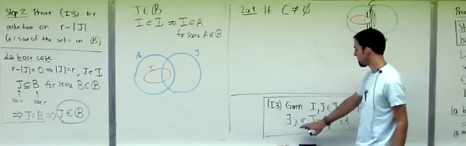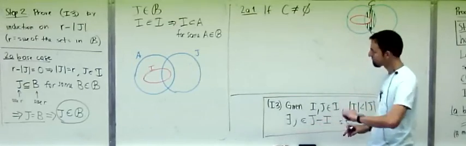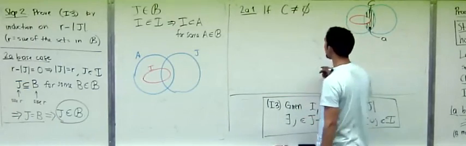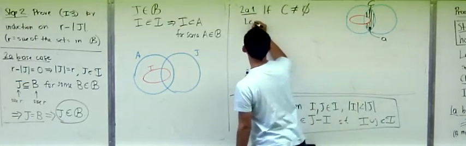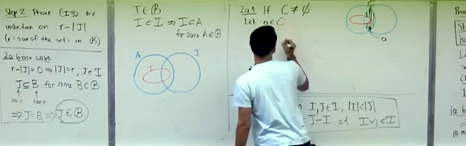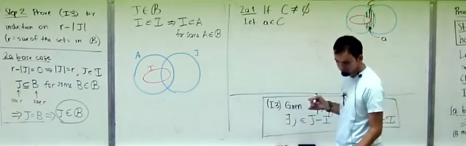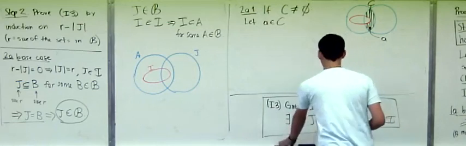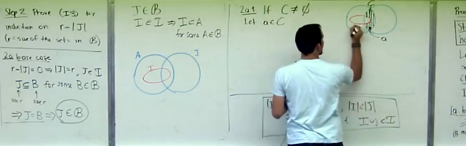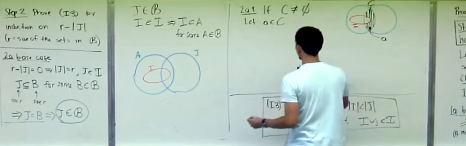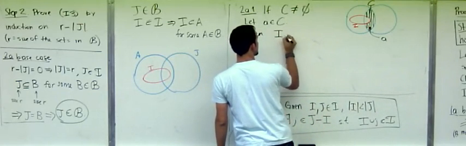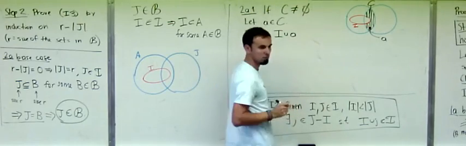Assuming this, I want to show statement I3. So I say, okay, so let A be inside this piece C. So again, remember, I is this red thing over here. So what can you say about I union A?